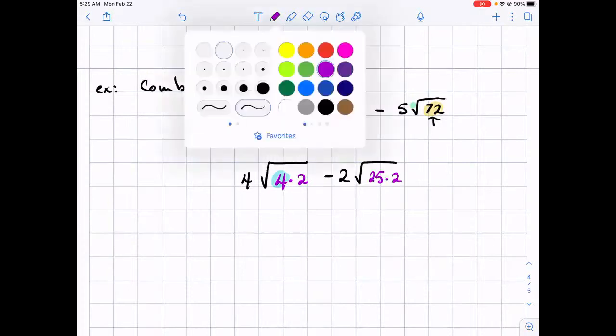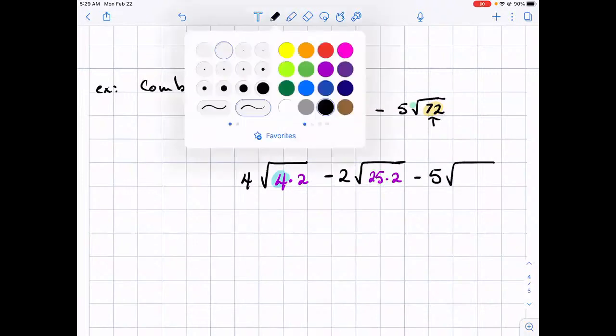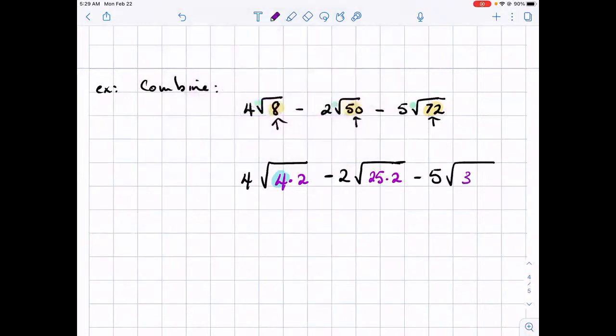Minus 5 radical, okay? What times 2 gives 72? Well, 36 times 2. And not all 3 of them had to be simplified.